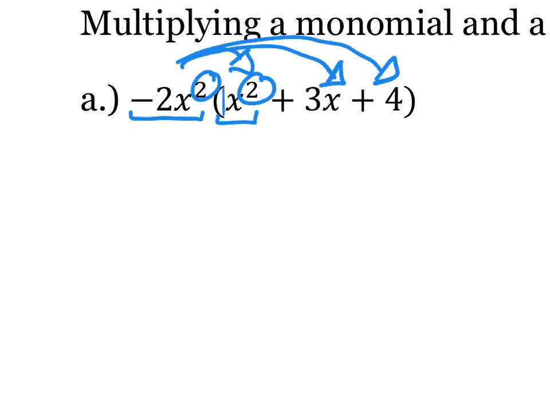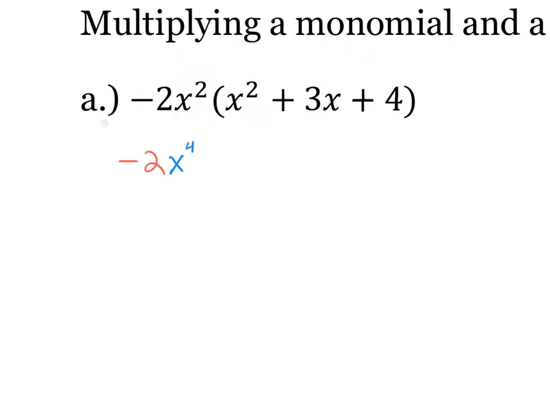So I'm going to deal with the -2 and the 1 together, and that gives me a -2. And then when I multiply these bases together, x and x, the way you multiply them together is to add the exponents. So I'm adding them and getting 4. Now, this might be a bad example to start off with because if you were to multiply them, you would still get 4. But let's see what happens when we go to do the next one here.